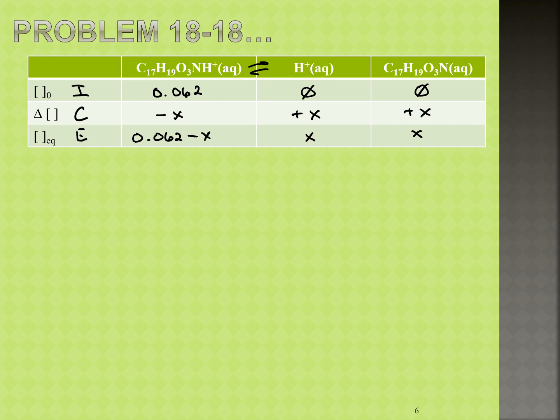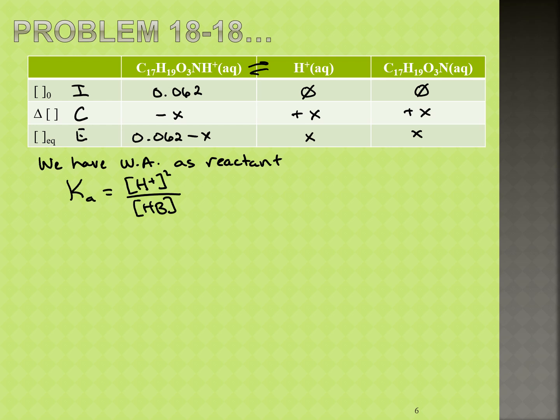We have a weak acid as our reactant, which means that we need to do Ka is equal to our H plus squared over our weak acid in this case.